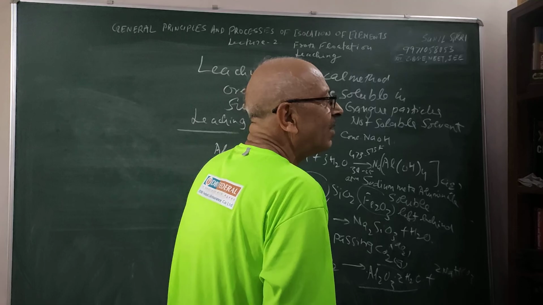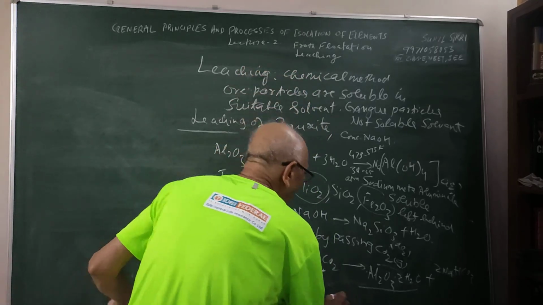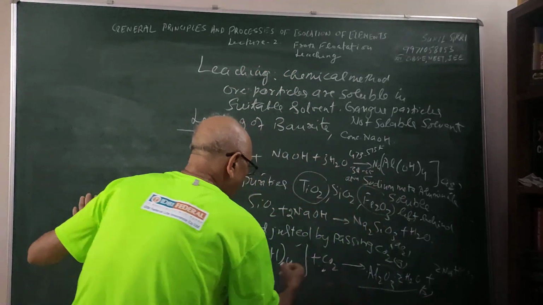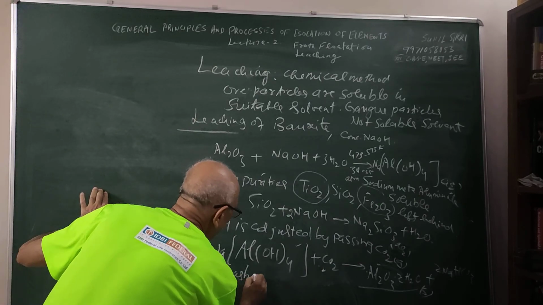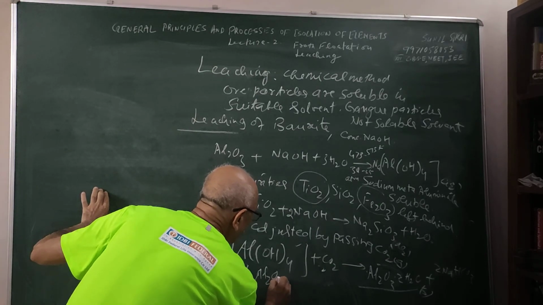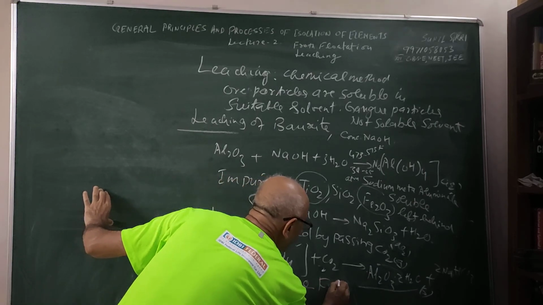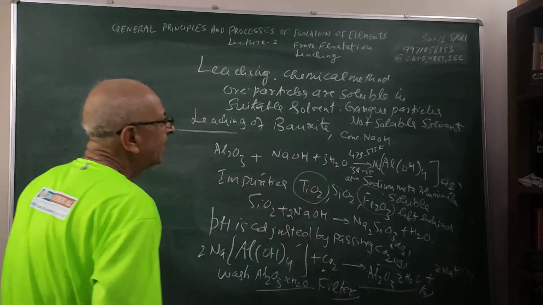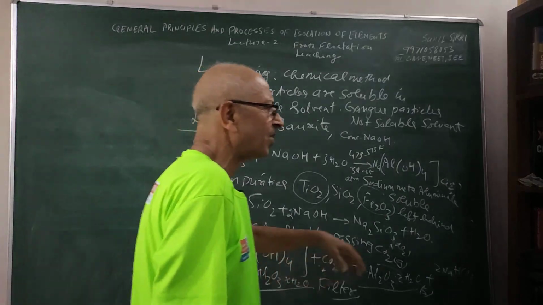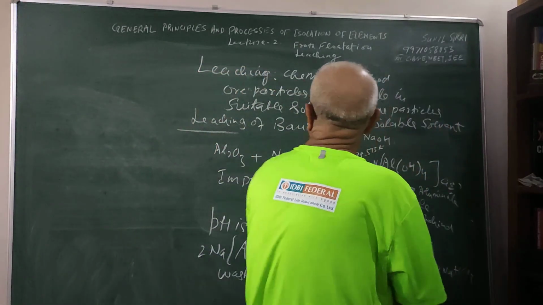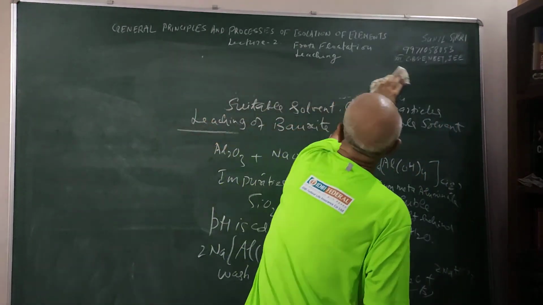This is a solid which comes out. You can wash this Al2O3·xH2O, filter it, wash, filter, and then heat it at a temperature of 1473 Kelvin.